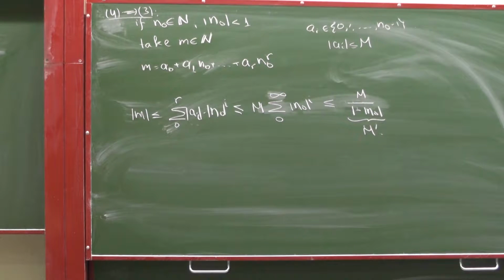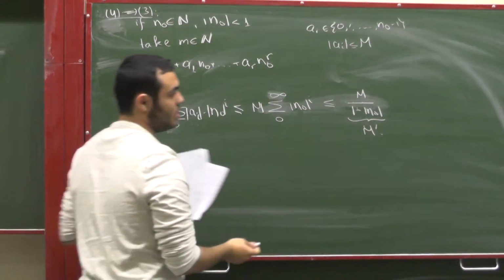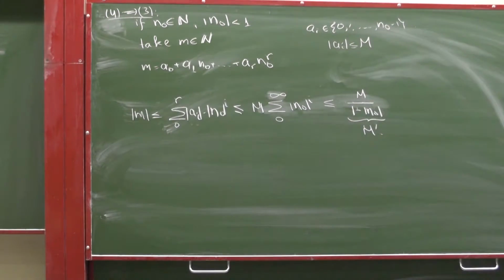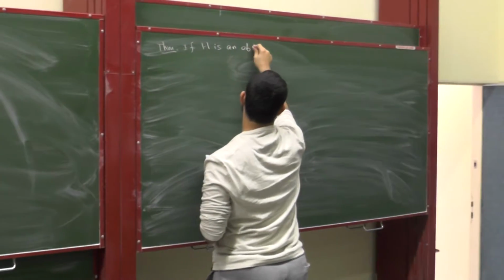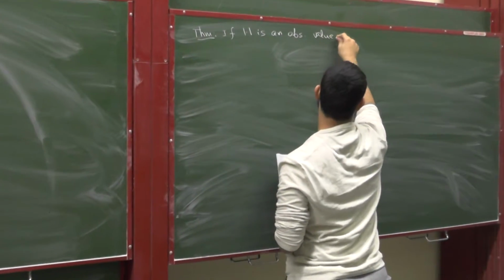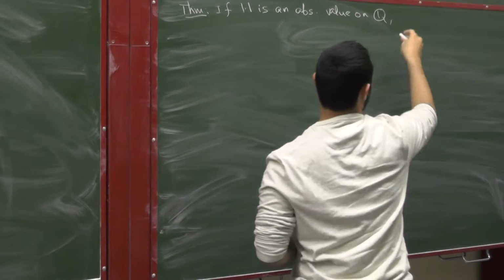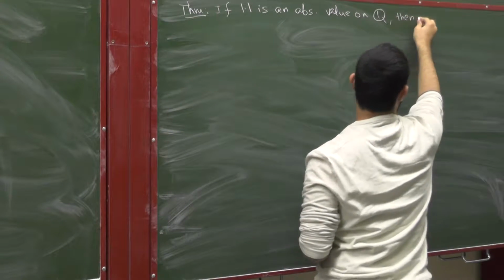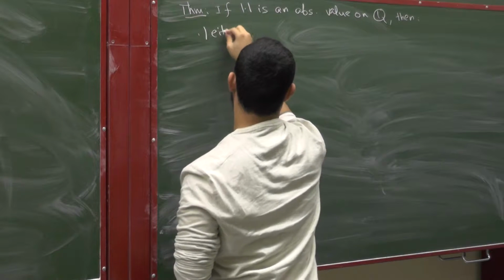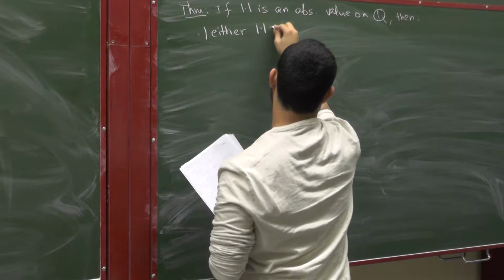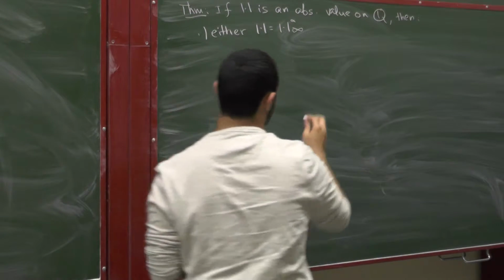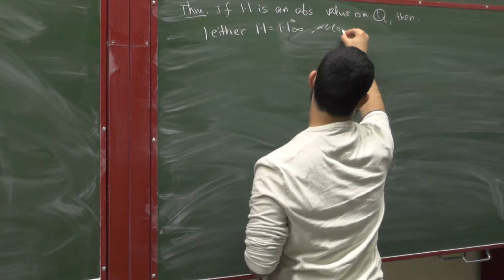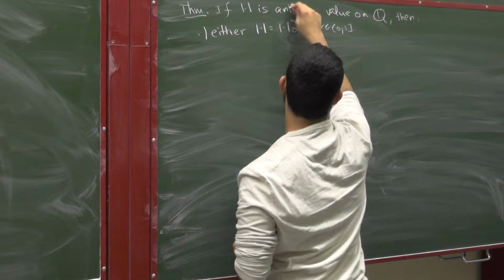Okay? So now we're ready to prove Ostrowski's theorem. So let me restate it, maybe. If this is an absolute value on Q, then either this is some power of the usual absolute value from R, say, not discrete, not bigger.